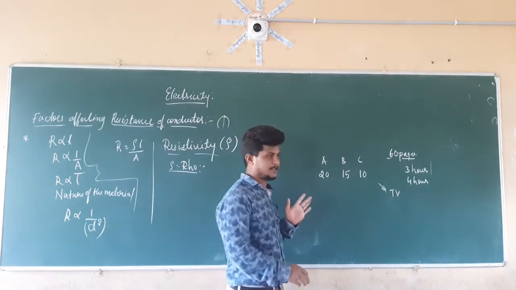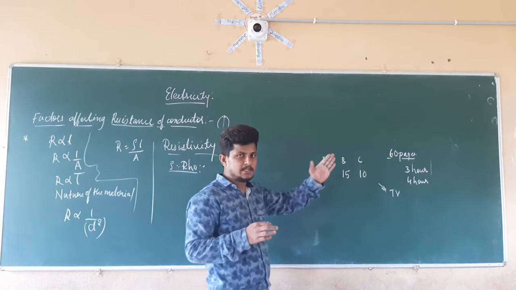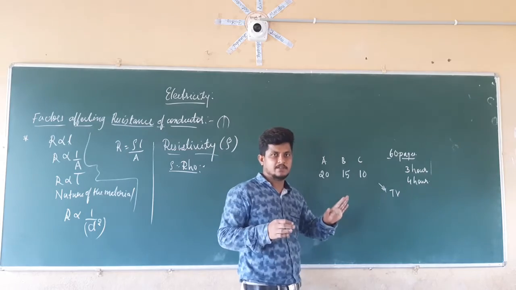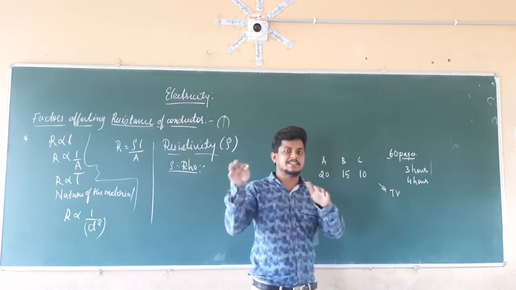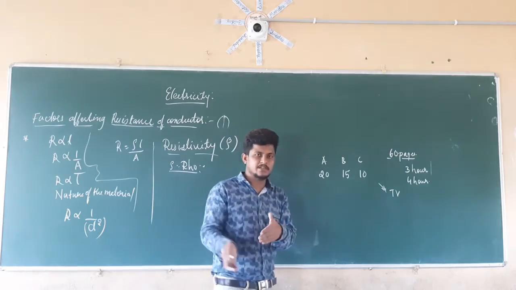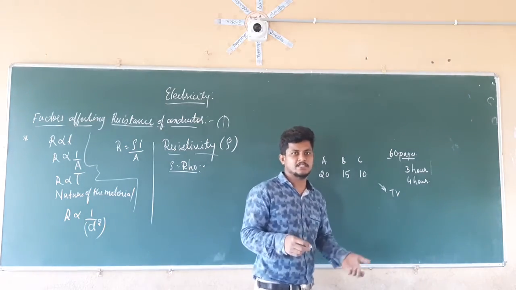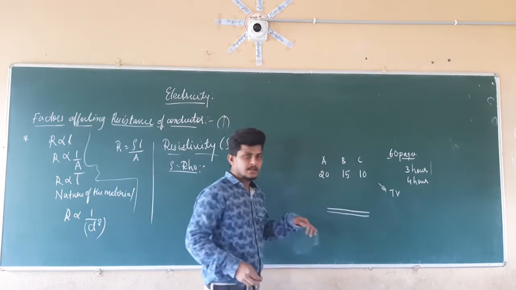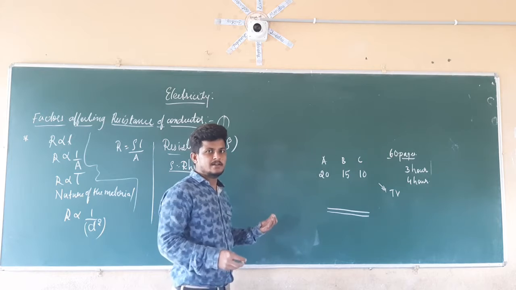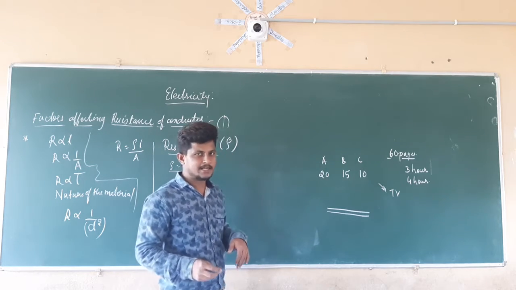It is his property. Now, whatever we are studying here is about the resistivity, which is already present in that conductor. See here, this is the conductor. Resistance is the opposing force to the flow of electric current.